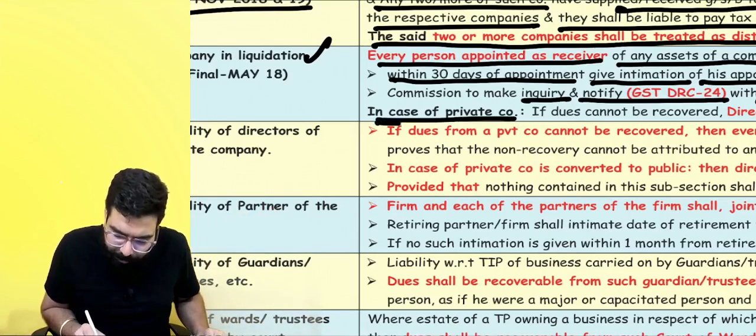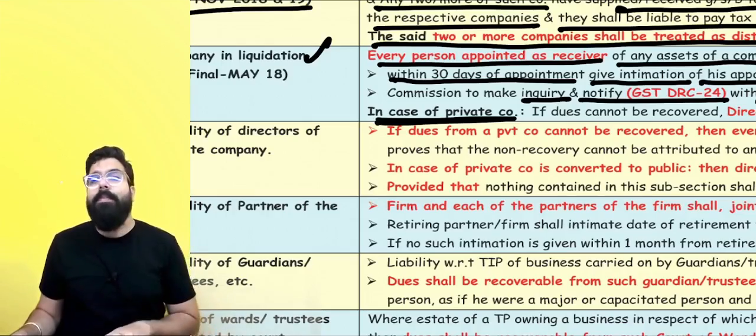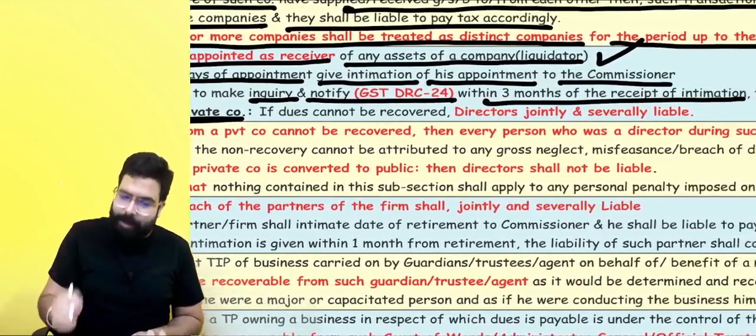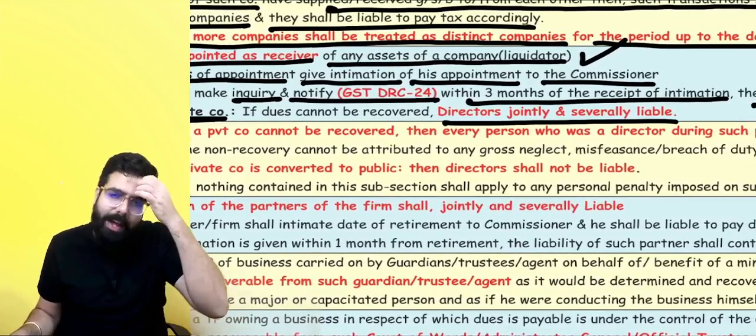Sir, if it's a private company, then who shall be liable? If dues could not be recovered from the company, the directors shall be jointly and severally liable to pay the dues.